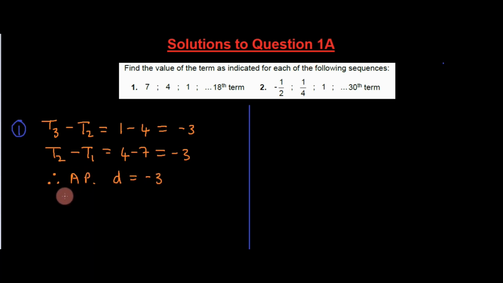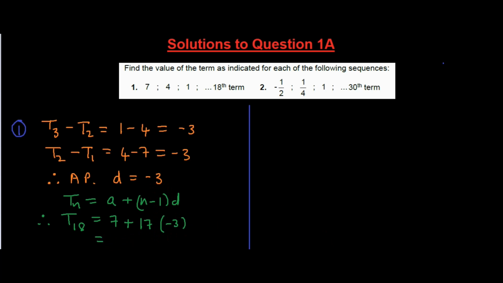Now we use the formula T sub n is A plus n minus 1 times D, and we plug in the values. We want the value of the 18th term, so we want T sub 18. And A is the first term, and that's 7. N is 18, so we have 18 minus 1, which is 17, times the common difference of D, which is negative 3.